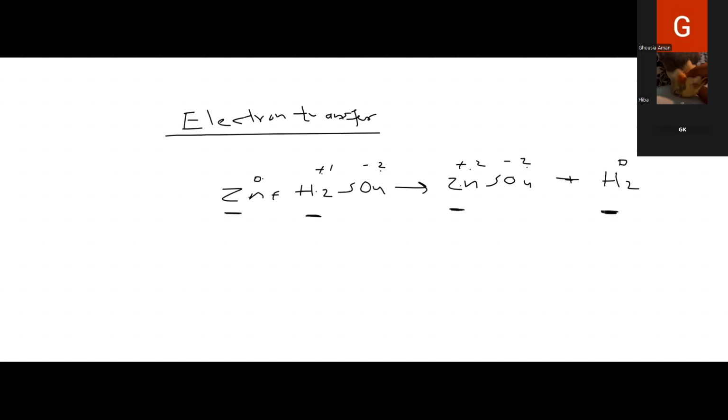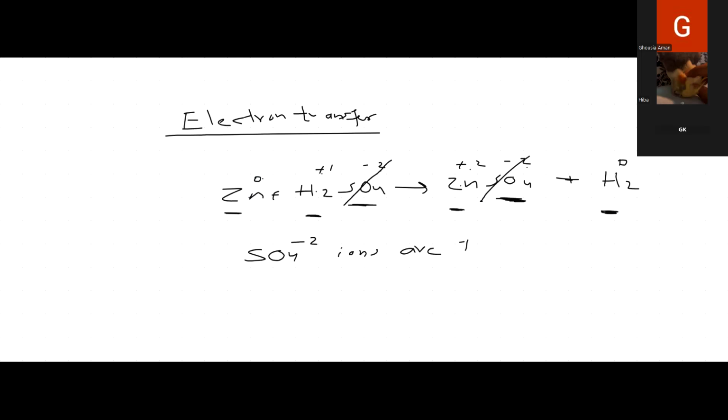So sulfate ions are the spectator ions. The meaning of spectator ions is that they do not change. They are unchanged in terms of their charges before and after the reaction.